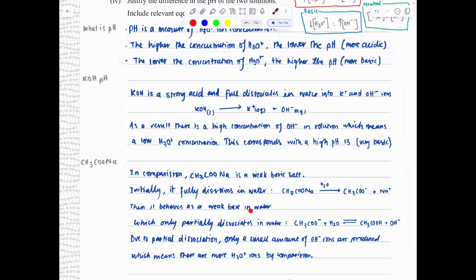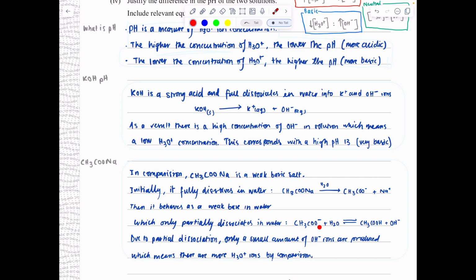Then it behaves as a weak base in water, okay? Because it's a weak base, it's only going to partially dissociate, as we can see here. It's given in this equation that the H2O is going to give its hydrogen to what used to be sodium ethanoate, okay?